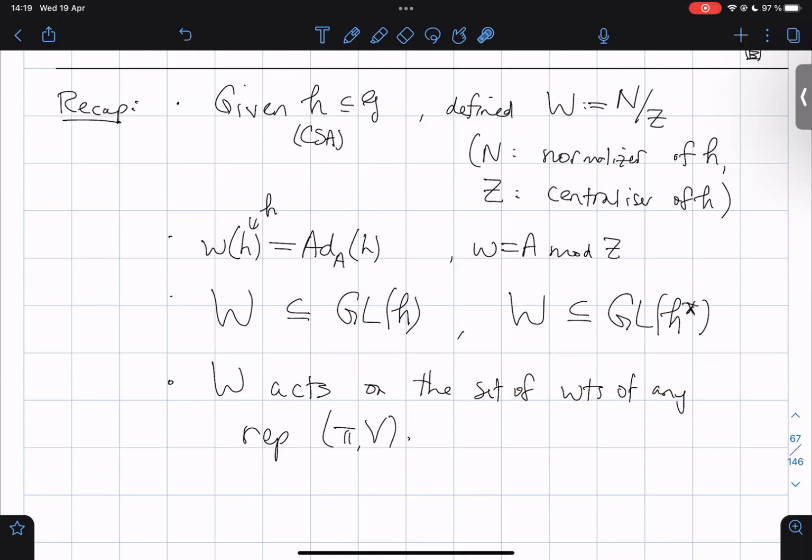Therefore, W can be viewed as a subgroup of the invertible linear transformations on H. Once we have one of these, you could view it dually as acting on H star. And we ended off last time with the nice property that W acts on the set of weights of any representation of G. So it's a symmetry group. It permutes the set of weights.